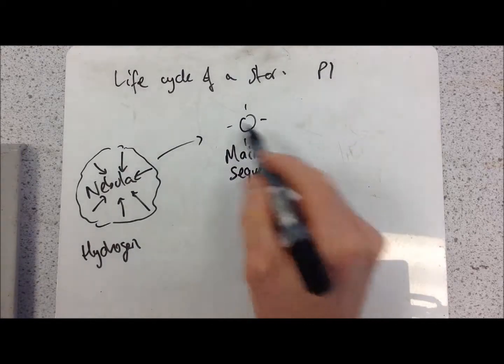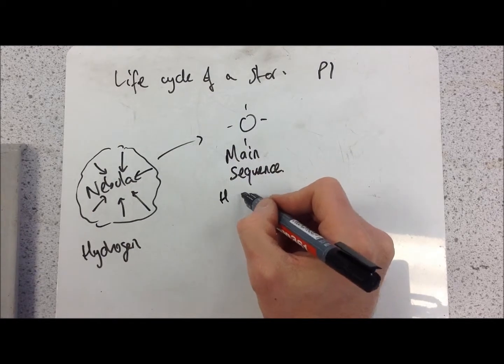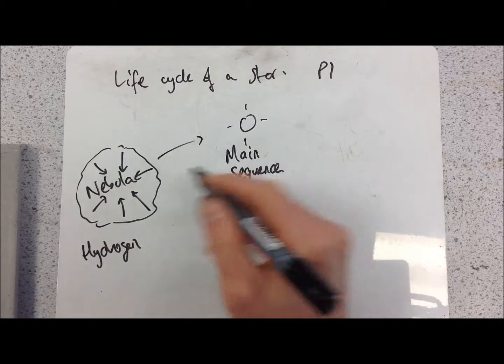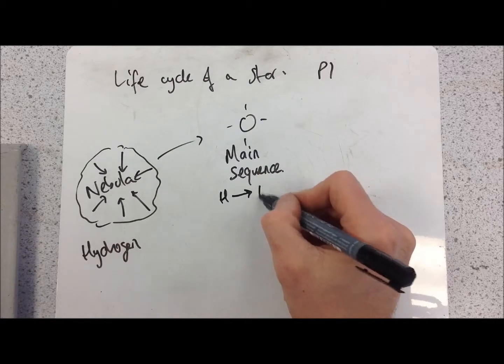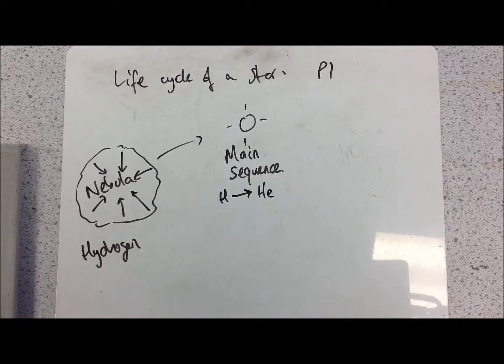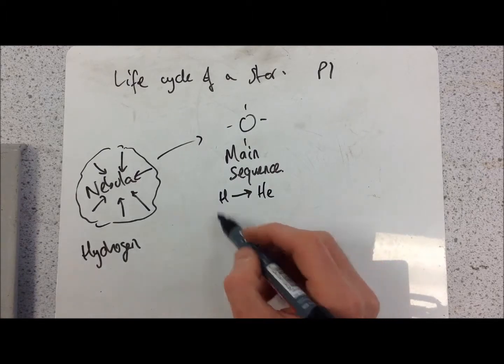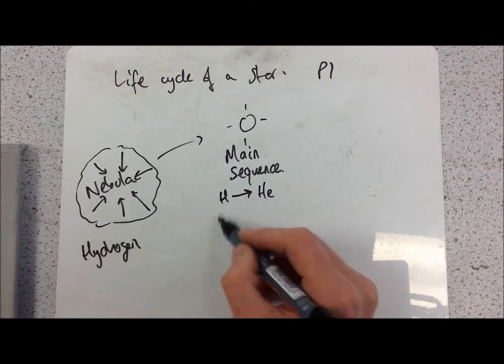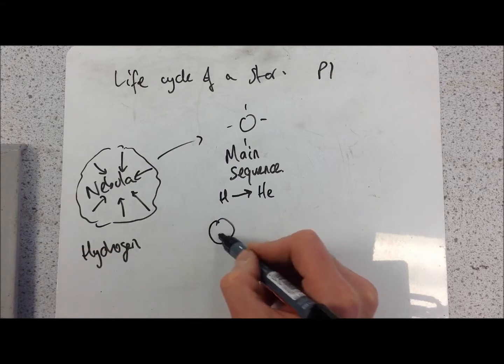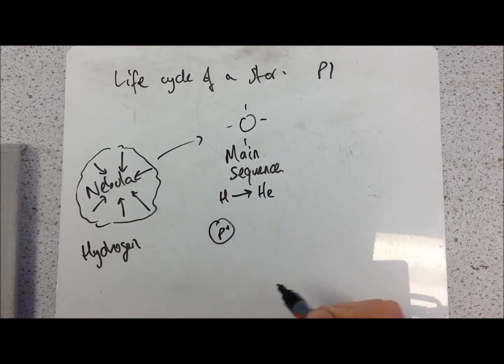In the main sequence, hydrogen is being fused together in a complicated process, but eventually makes helium. The nucleus of a hydrogen atom is basically a proton, which is positive.